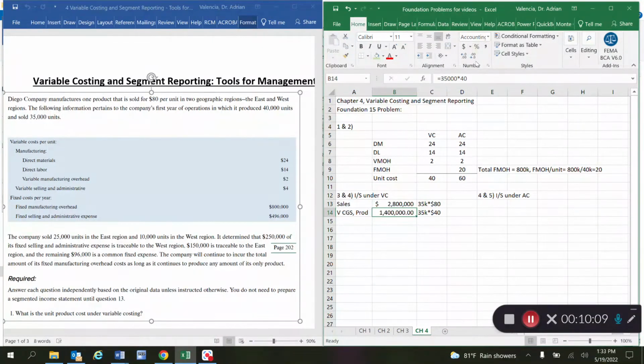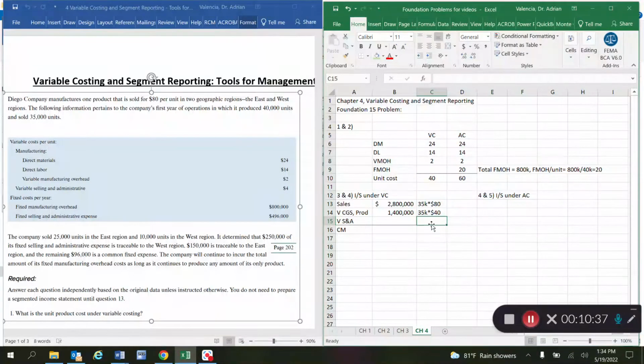All right, the next item is the variable non-product cost. So this is the variable S&A, selling and administrative expenses. Since we're doing variable costing, we're going to first subtract all the variable costs to get to contribution margin as follows. And then we subtract fixed costs, okay? The variable selling and administrative expenses, they tell us it's $4 per unit.